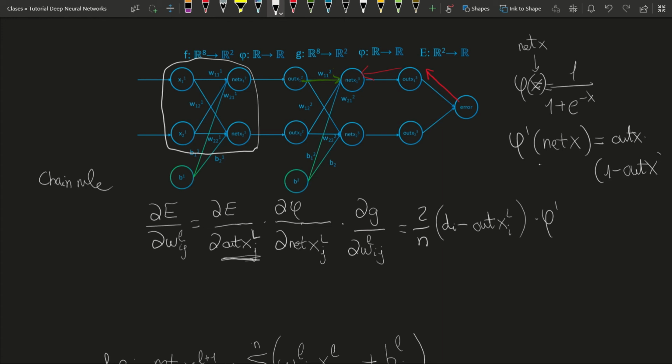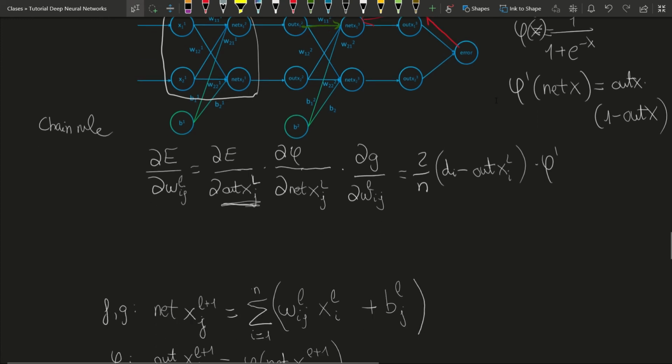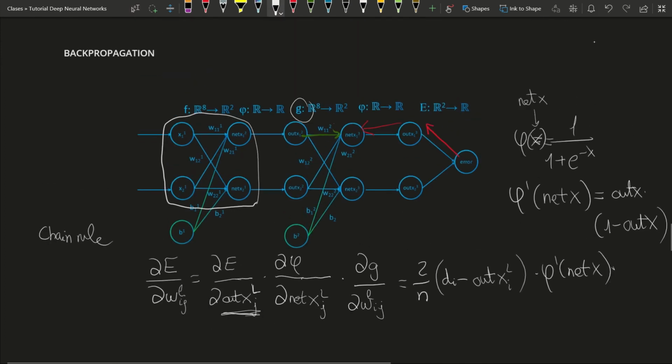You can take a paper and check that this is true, because everything is math. So now, when we have this, we'll calculate the derivative of this, that in the logistic function will be this. And finally we need to calculate the derivative of the function g, that is here, with respect to the weight we want to calculate the derivative for.